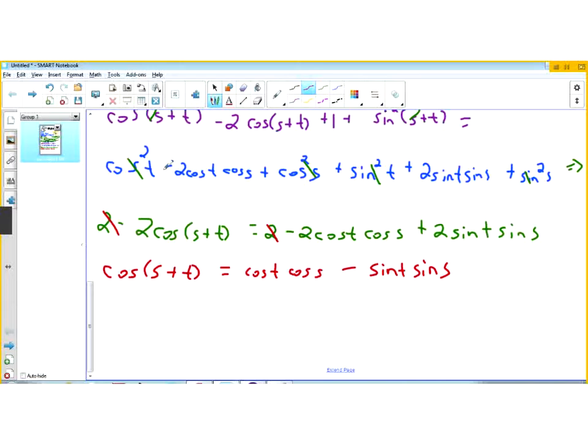This is section 4.2. So that really wasn't so bad, the proof of the cosine of a sum. Let's see what else the book has to say.